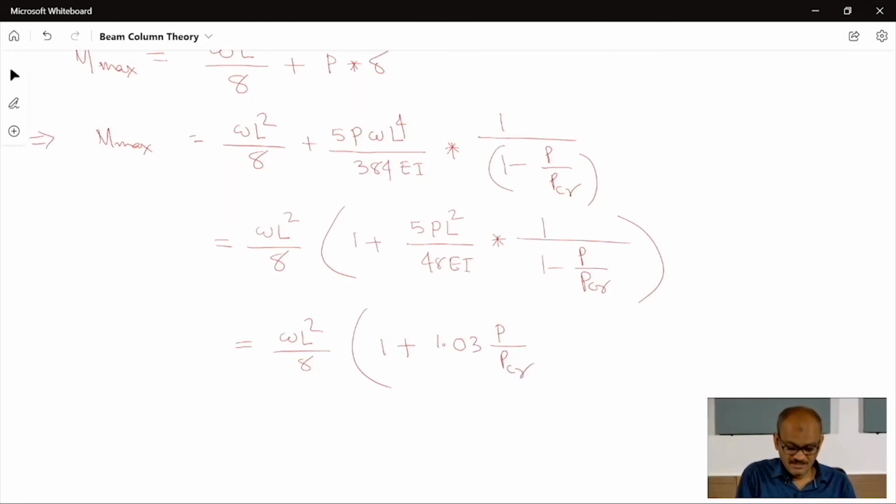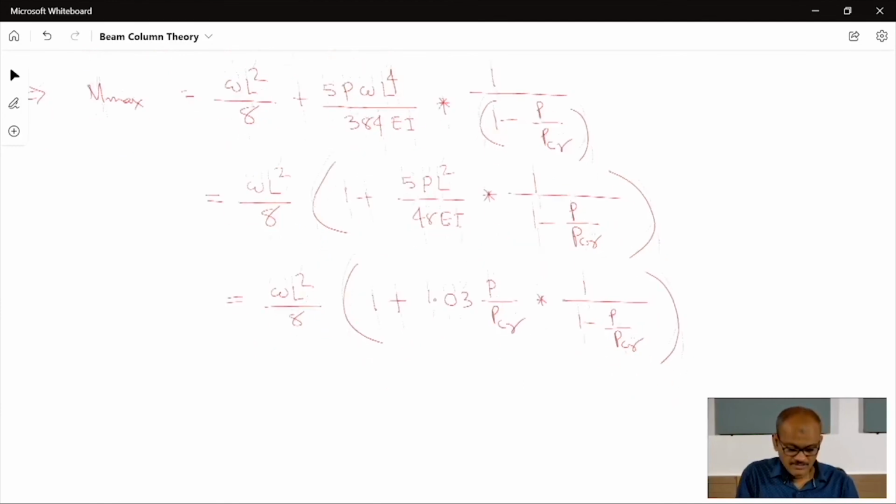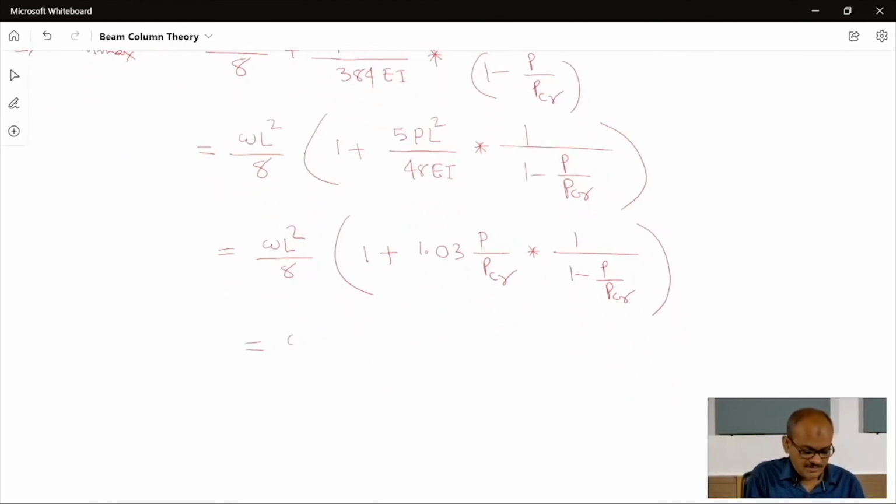This you can check. This is the simple thing; previously also we have done something similar. Now WL square by 8 into 1 plus this 5PL square by 48 EI can be written as 1.03 P by PCR. So this becomes WL square by 8 multiplied by 1 plus 0.03 P by PCR divided by 1 minus P by PCR.